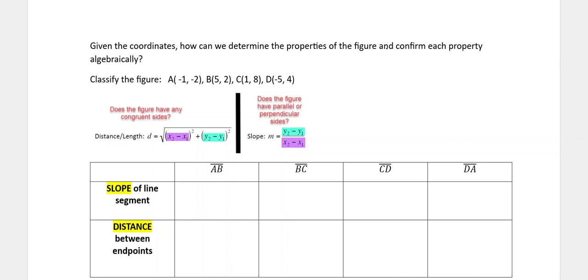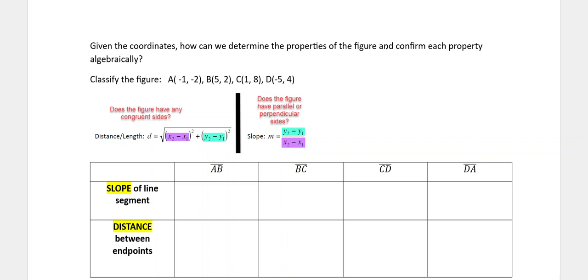I can find the length of each segment of the figure. Since we are given 4 coordinates, we have a quadrilateral creating line segments AB, BC, CD, and DA.